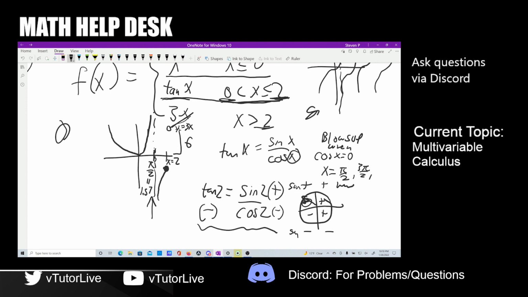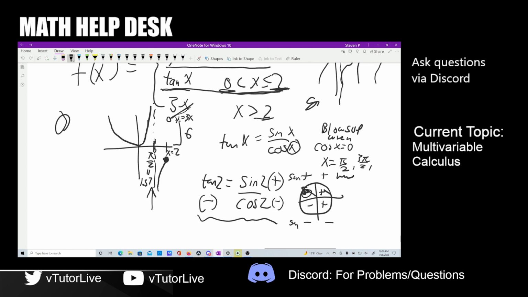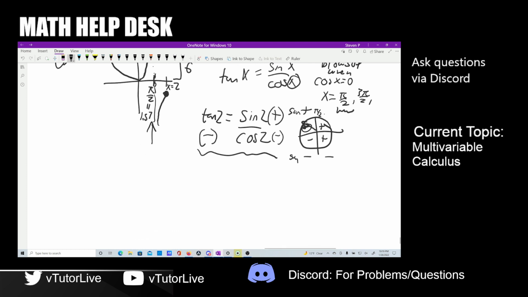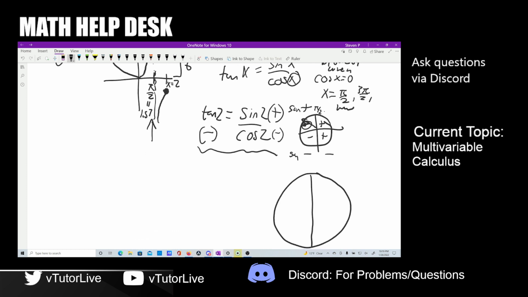Can you explain how you know that sine 2 is positive and cos 2 is negative? Yeah, of course. That's just remembering my trig rules. If this is pi over 2, let me draw it bigger, pi over 2 is about equal to 1.57, and pi is equal to 3.14.